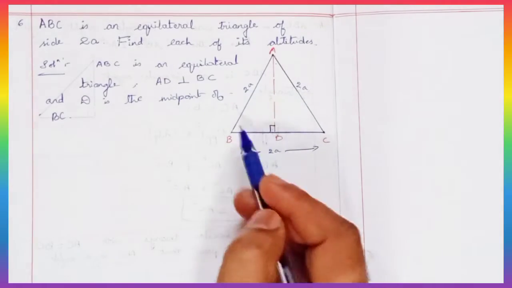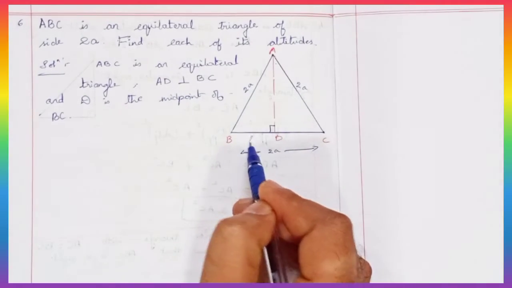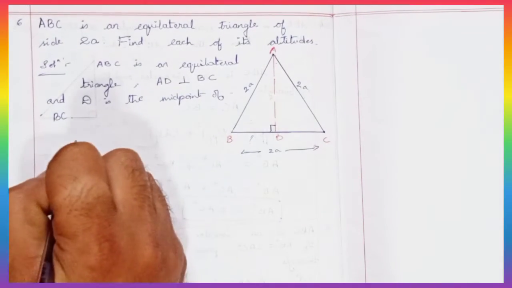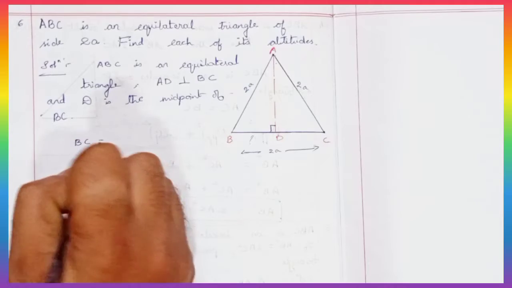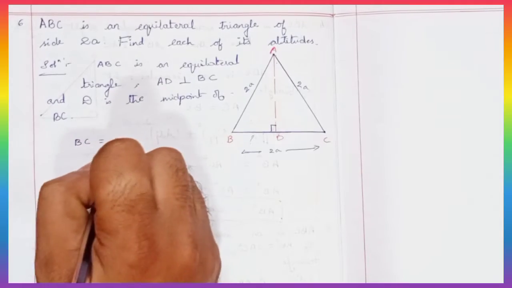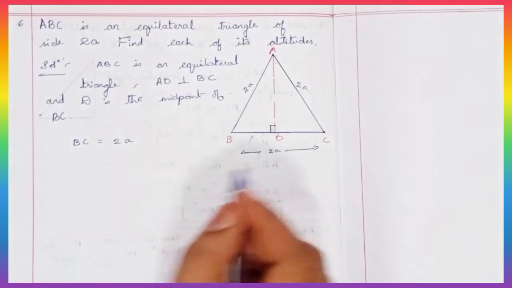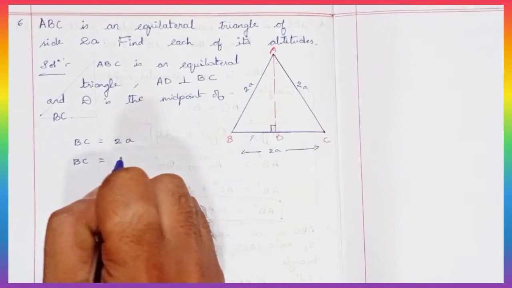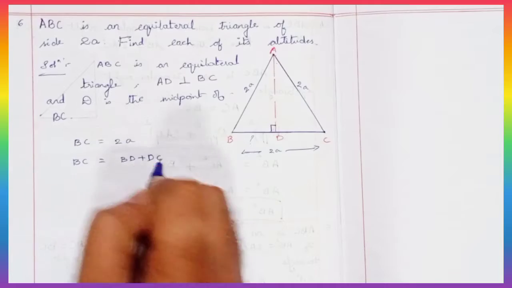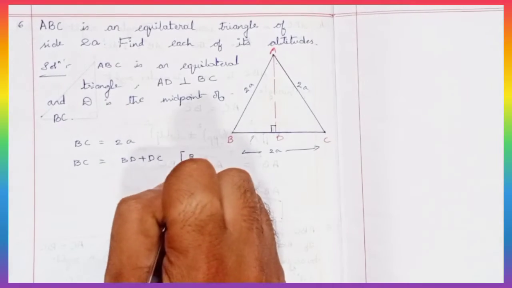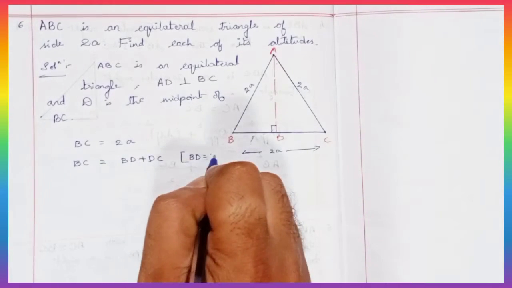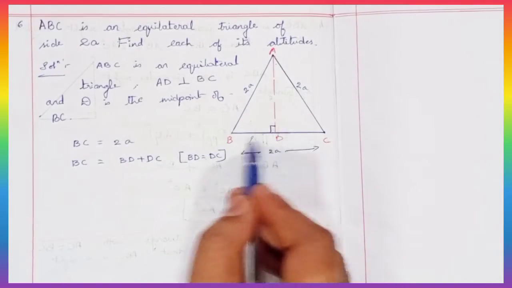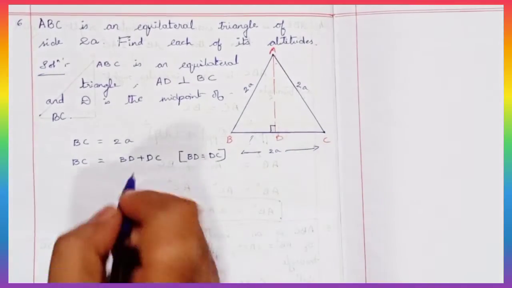Before solving it, we need to know the measurement of DB or BD. So we can write BC is equal to 2A, that is given, and also the measurement of BC is equal to BD plus DC, where BD measurement is equal to DC measurement, because D is the midpoint, so it divides the length into two equal halves.